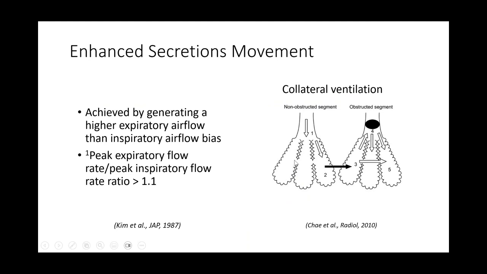The small tidal volumes are not great enough to overcome the resistance within them. However, by taking a deep breath in and increasing our lung volumes, we're able to overcome the resistance within the collateral channels of ventilation and go from a non-obstructed segment to an obstructive segment and get behind the secretions and help to move them up towards the central airways.